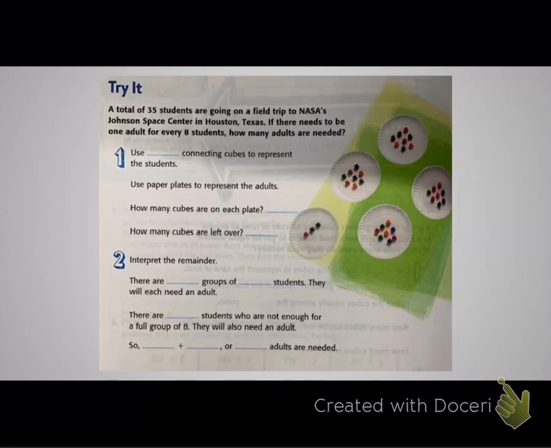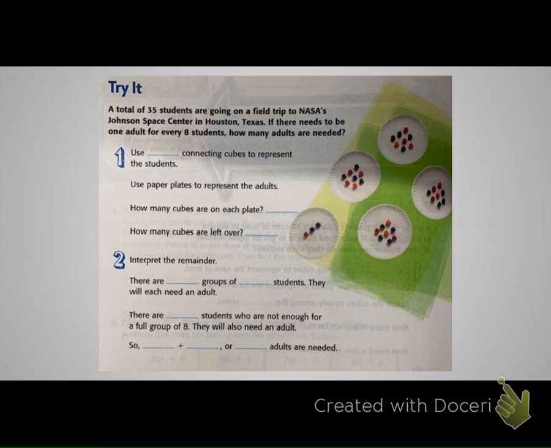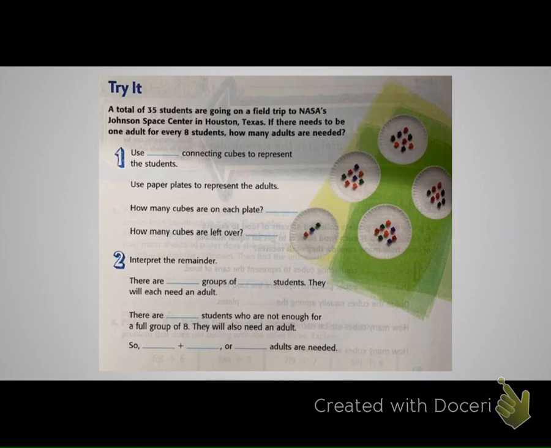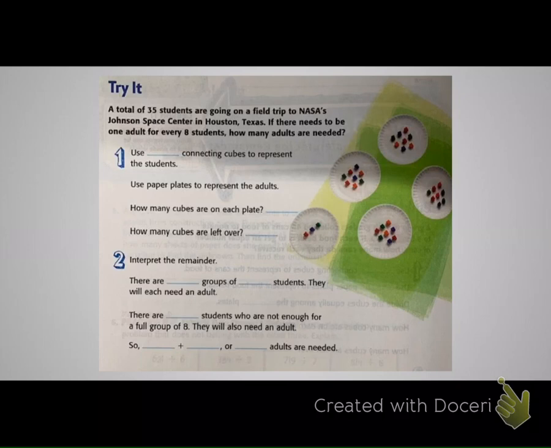All right, let's take a look at this next one here. It says a total of 35 students are going on a field trip to NASA's Johnson Space Center in Houston, Texas. That sounds like fun. If there needs to be one adult for every 8 students, how many adults are going to be needed? So they've represented that with those plates and those blocks again.